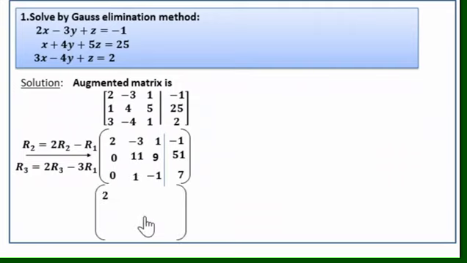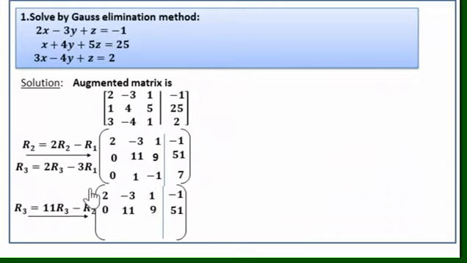Write the first two rows as they are. Next, we are going to use the second row element. R3 will be 11 R3 minus 1 R2. So we have R3 is 11 R3 minus R2.